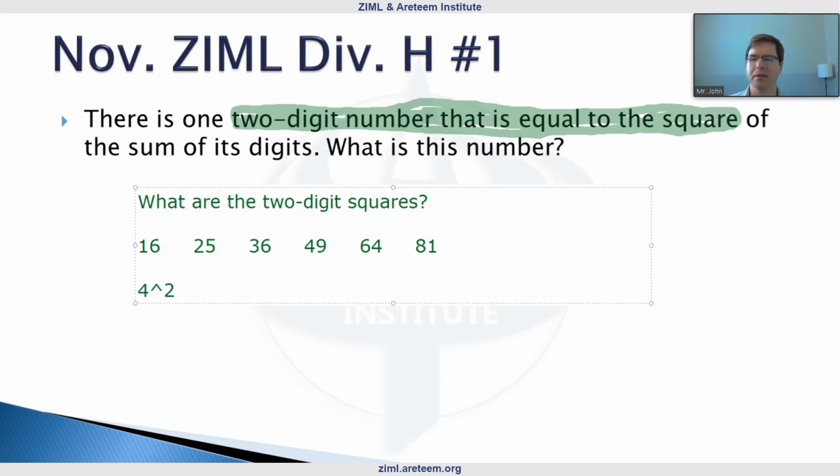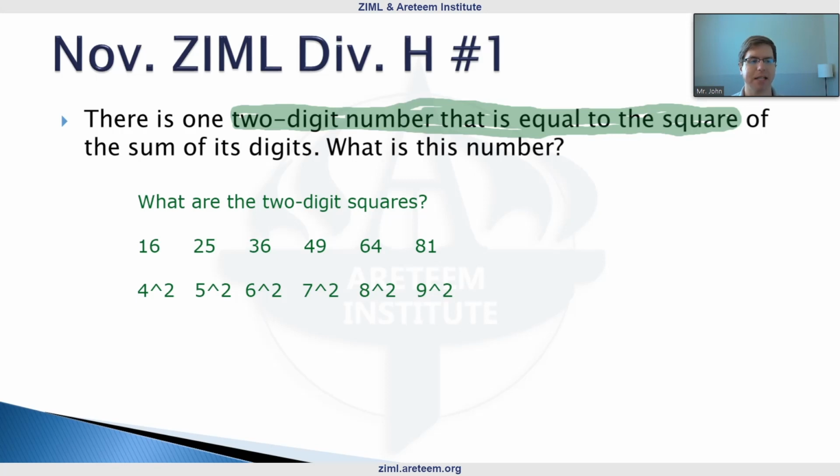This is 4 squared, 5 squared, 6 squared, 7 squared, 8 squared, and 9 squared. We'll keep that in mind when we're thinking about the next portion of this problem. We can start listing out all of these perfect squares that have 2 digits.